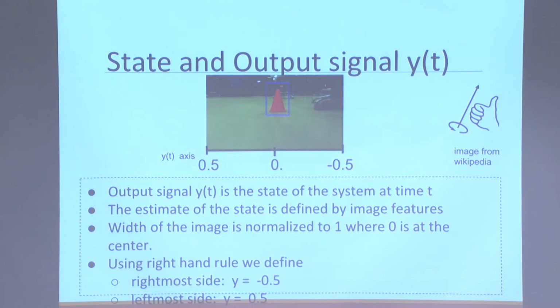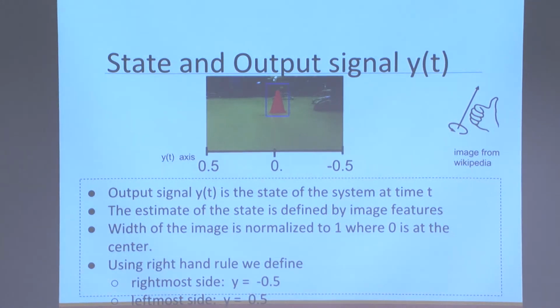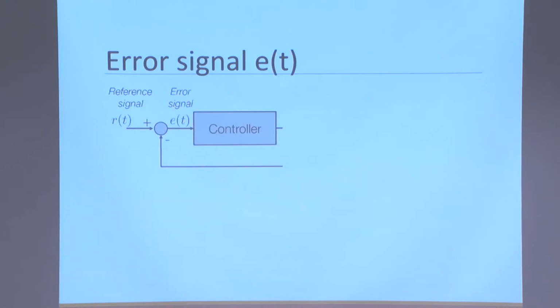And if I detect a cone all the way on the left side, it's going to be +0.5. So the very first step that I did was write the coordinate frame and then define what is my state. So now we can think about the next step of what is the error signal.